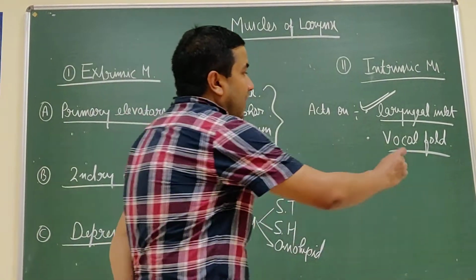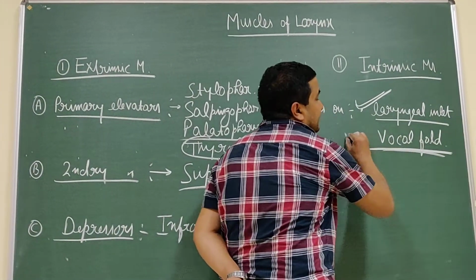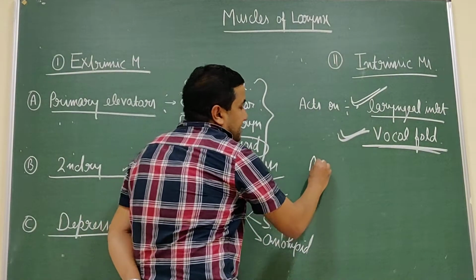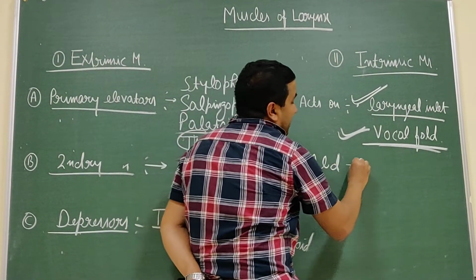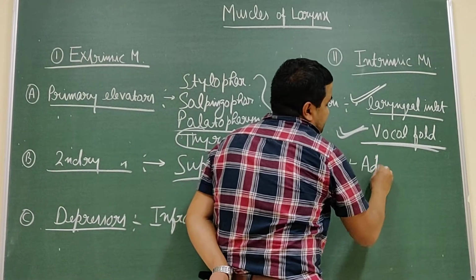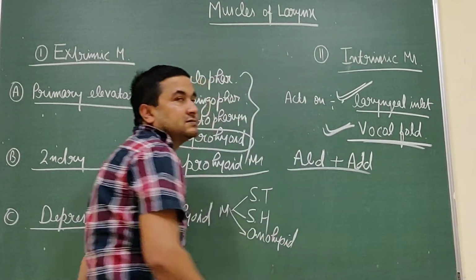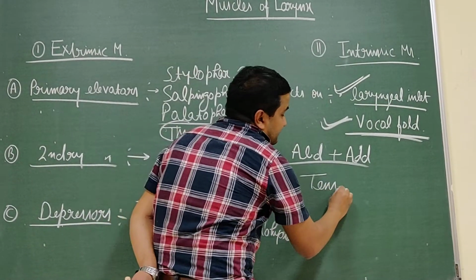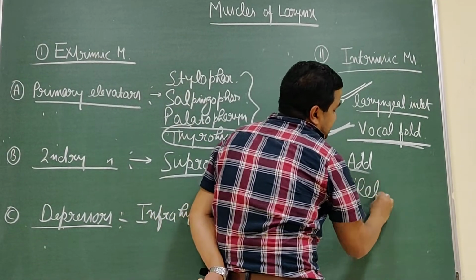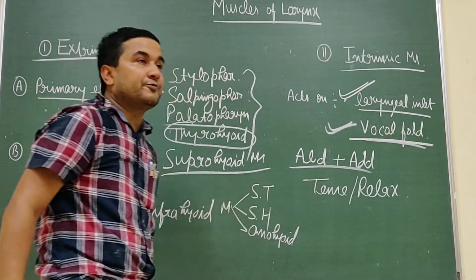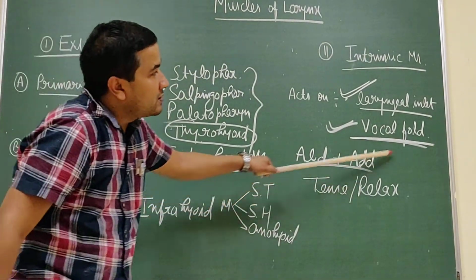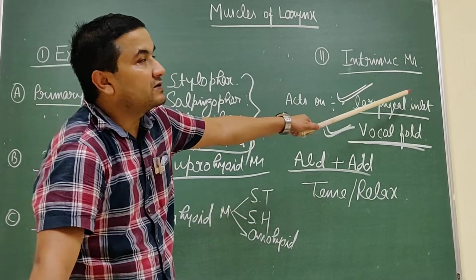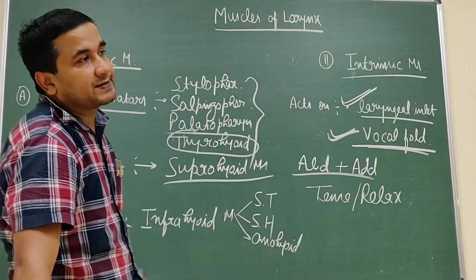They act on the true vocal cord, that is the vocal fold. They abduct or adduct the vocal cord. They tense or relax the vocal cord. So the intrinsic muscles act on these two parts of the larynx.